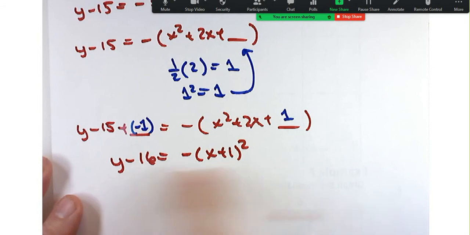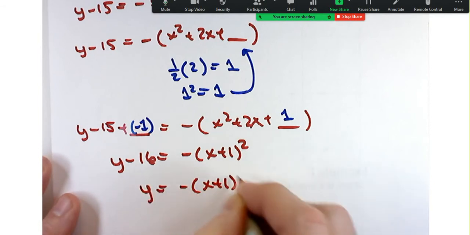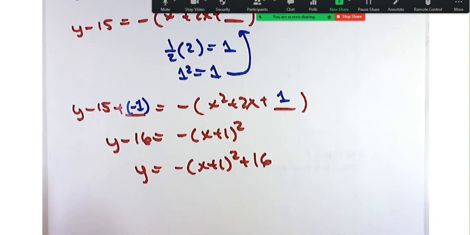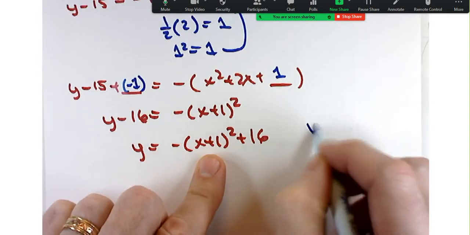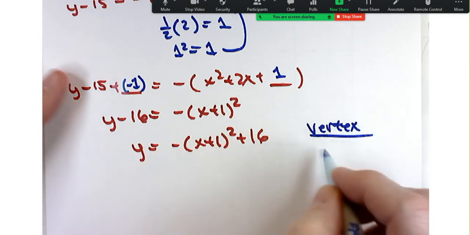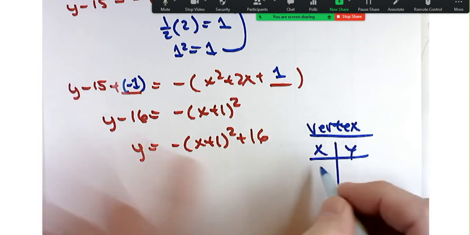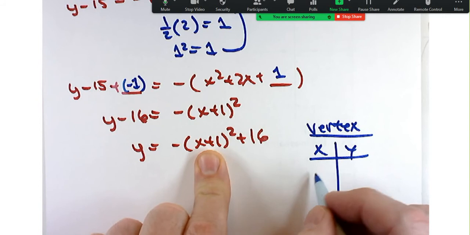If I move that to the right-hand side, your work with parabolas up to date should really help you out here. This is in the nice standard form that I wanted. So let's see if we can't figure out the vertex. Vertex would be where? Well, what value of x would make the squared term equal to 0?